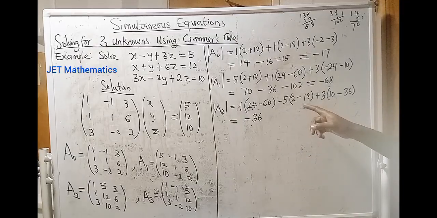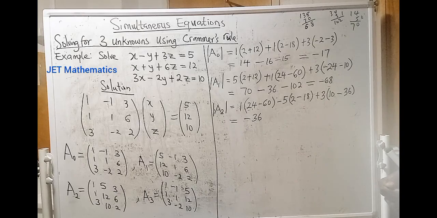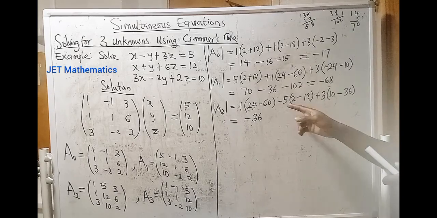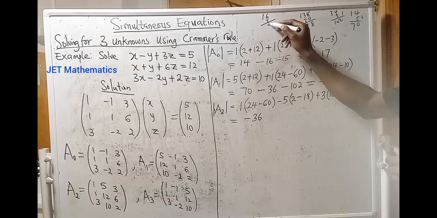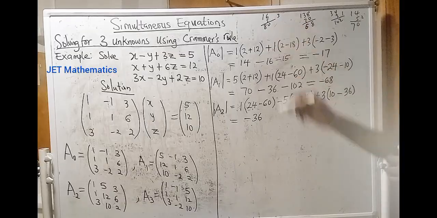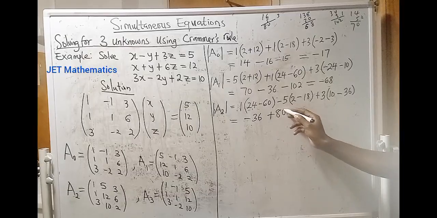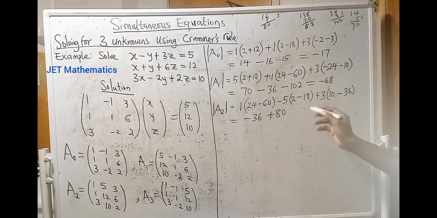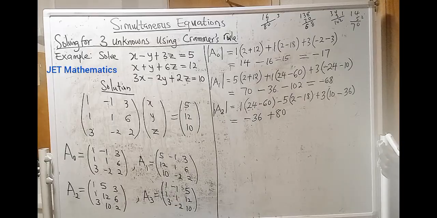Then this plus this minus this, 2 minus 18 is minus 16. Minus 16 times 5, that gives us plus 80. And then here we have 10 minus 36 is minus 26.